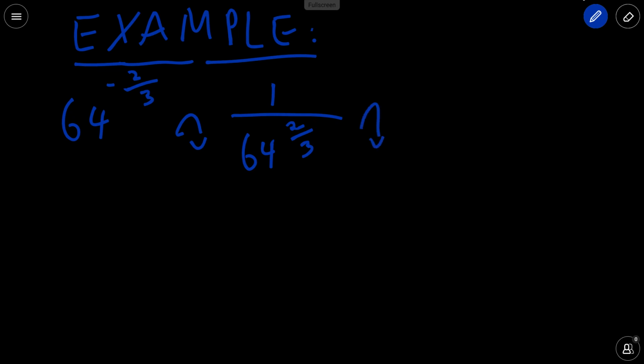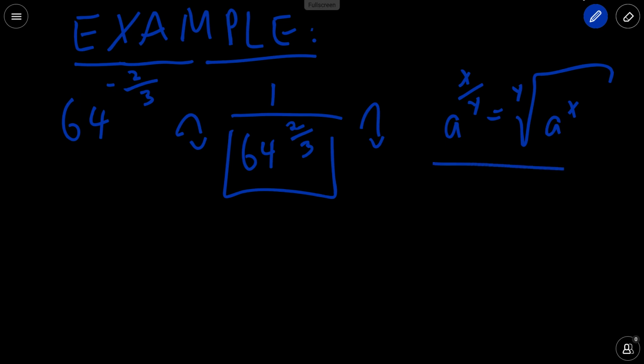I also showed you this little law, remember, where we said a to the power of x over y we could rewrite as taking the y root of a to the power of x. So now let's rewrite this term in our denominator using this law. What do we get from that?